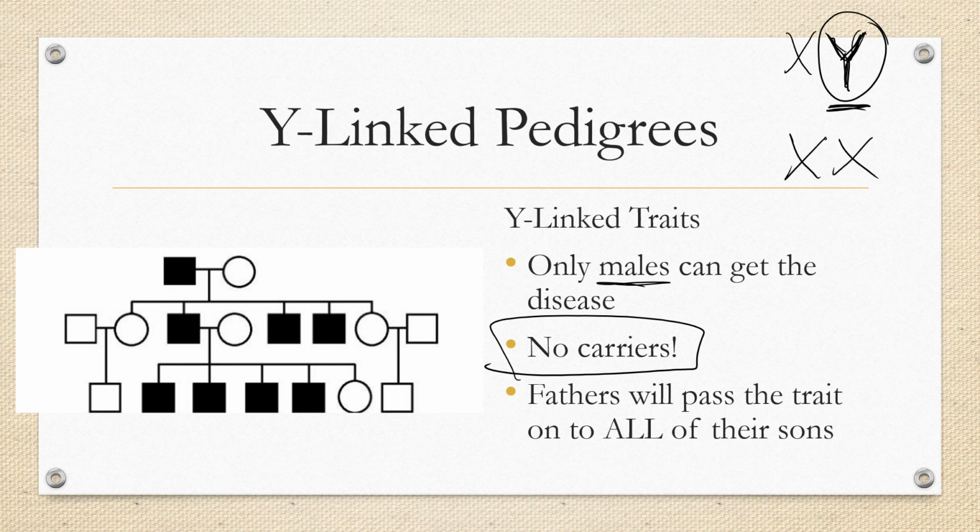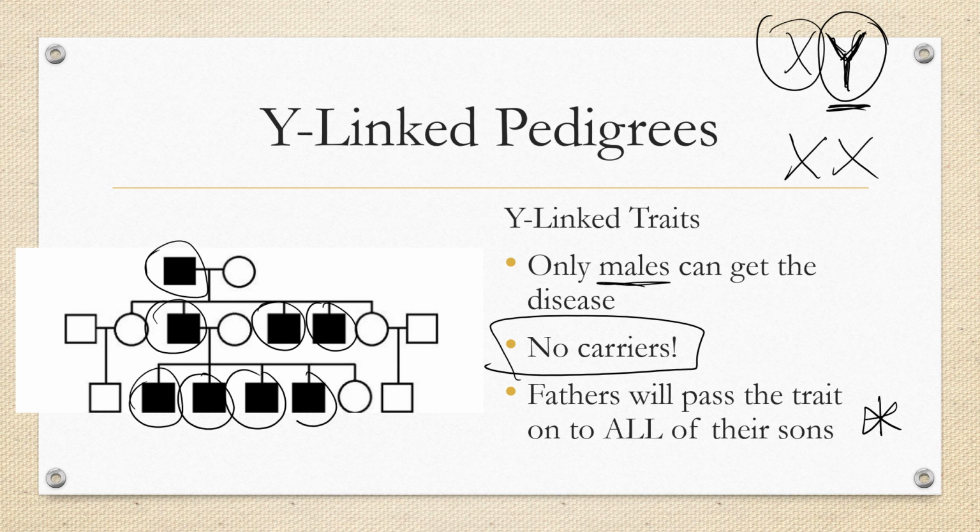There's no carriers, just like with males, how they only have one X, so they can't be a carrier of a disorder. The key thing with recognizing this one is that only males will have it, and fathers will pass the trait on to all of their sons because they have to give that Y chromosome in order to create a son. So in every single generation, you'll see that all males of a family will have the disorder.